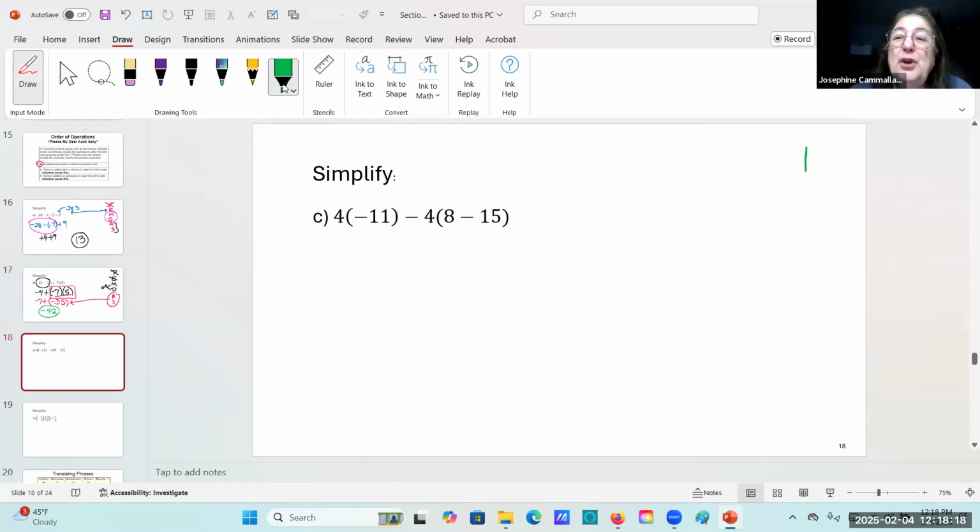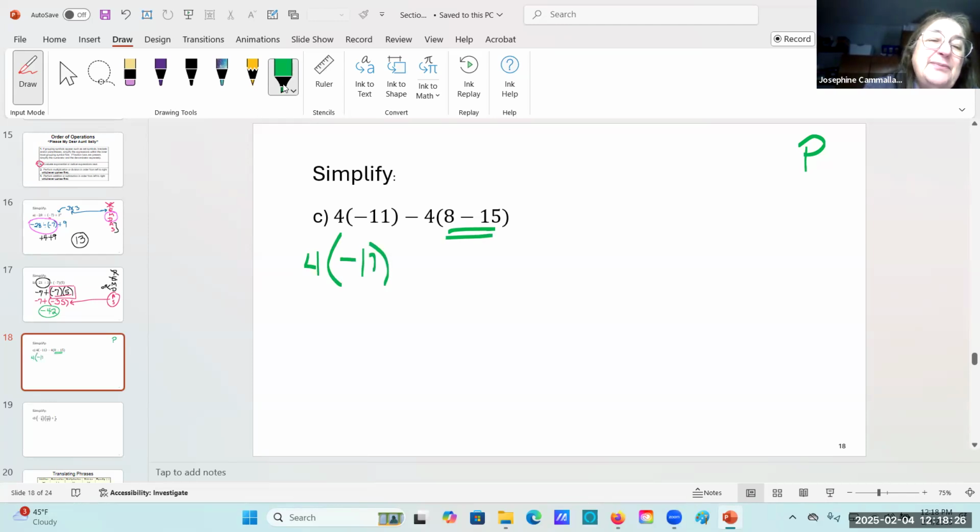Okay, we do have a parentheses right here. Or -11 minus 4. I'll make that a better 11. Maybe I gotta make it even better.